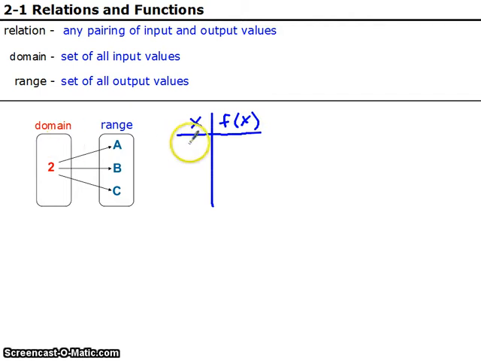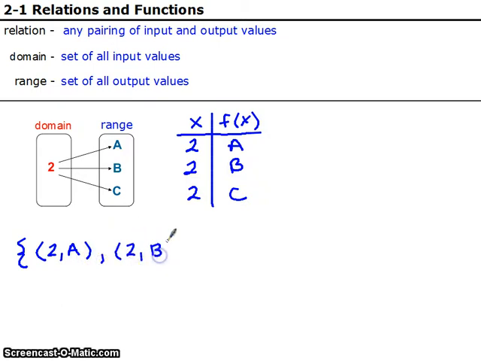And so on this one, I'd say the x is 2 and the range is a, and the x is 2 again, and the f of x is b, and the x is 2 again, and the f of x is c. We could list out a set of points. So I could do 2 comma a is a point, and 2 comma b, and 2 comma c.